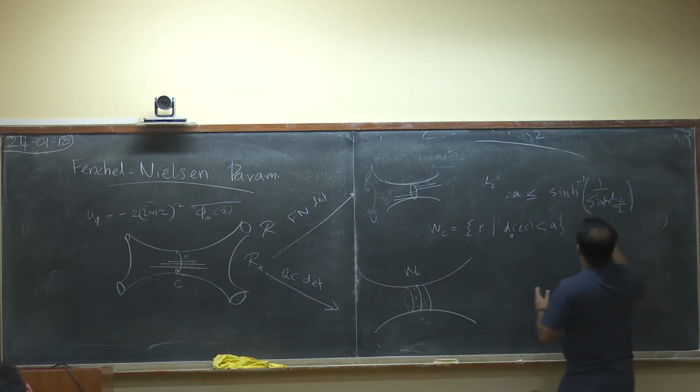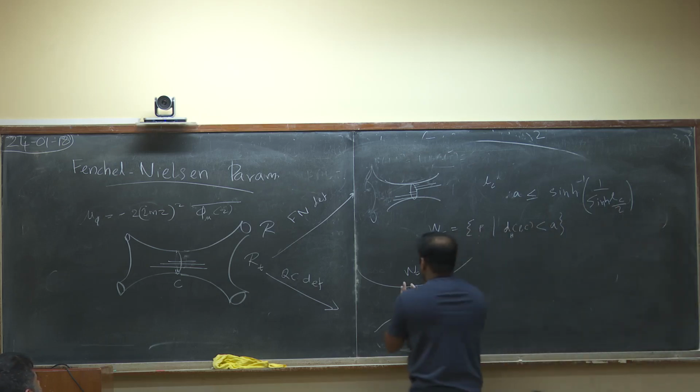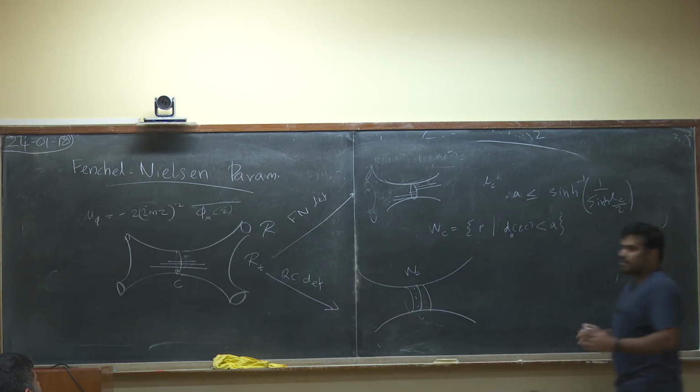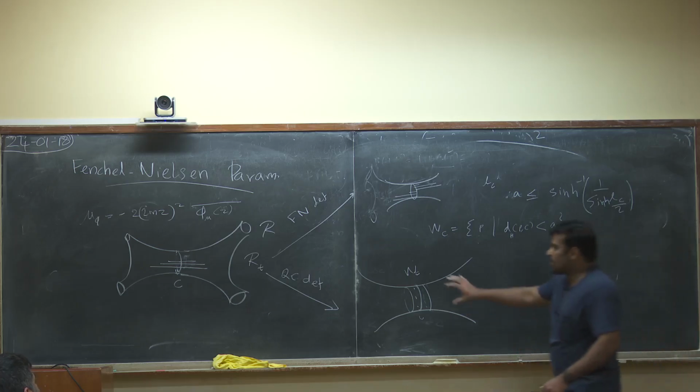So when I look into collars that have very small length, then I am getting a hyperbolic annulus around the curve which has a long length. Right? So you are actually producing long propagators when you are degenerating it.